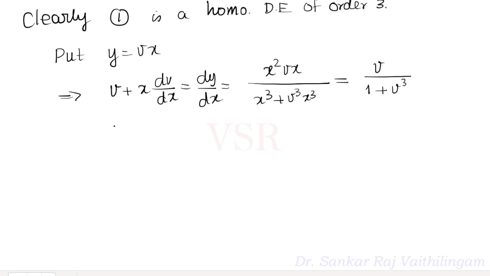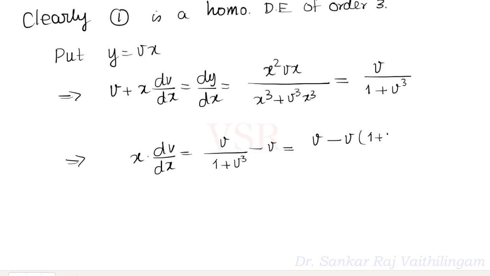So this implies that x into dv by dx is equal to v divided by 1 plus v cube minus v. So how can we write this? This is equal to v minus v into 1 plus v cube divided by 1 plus v cube.